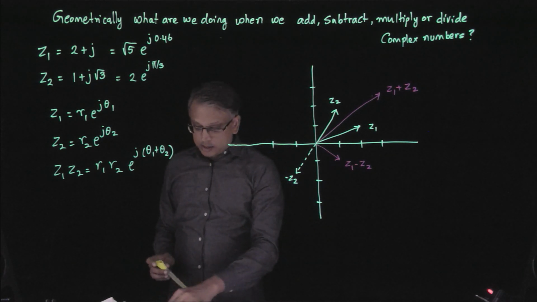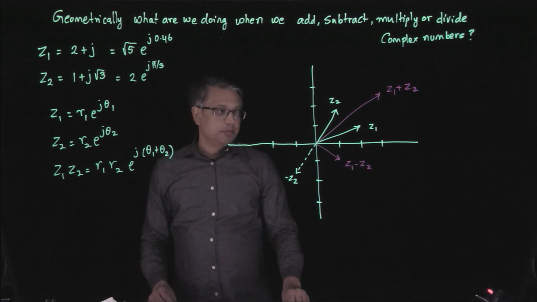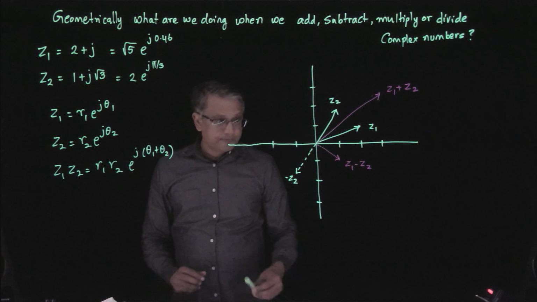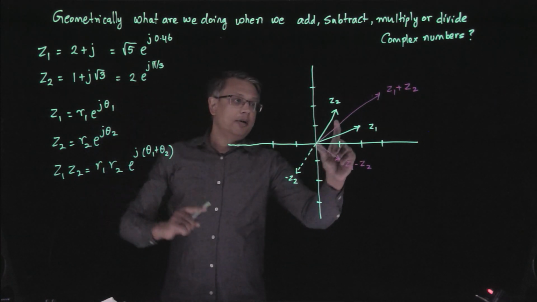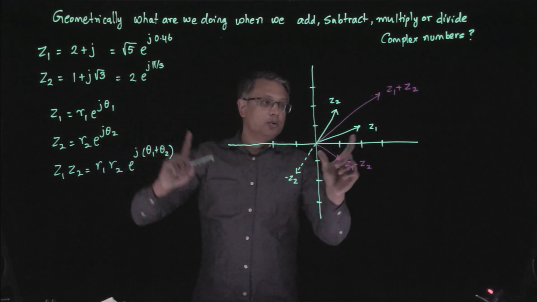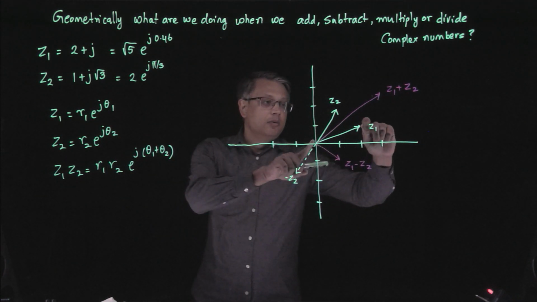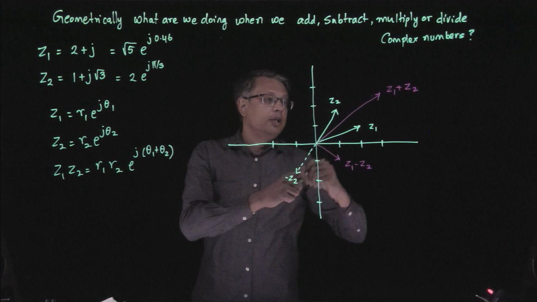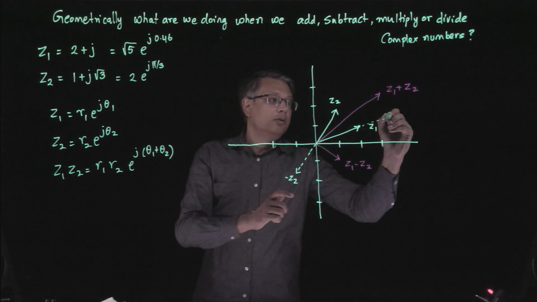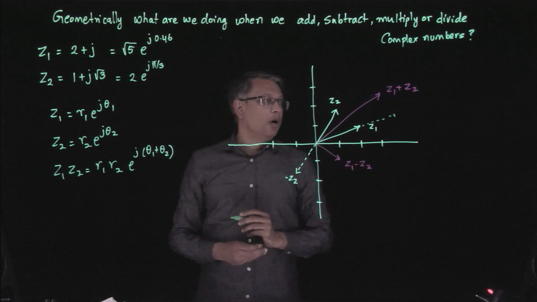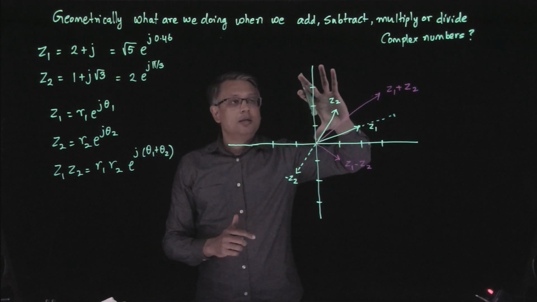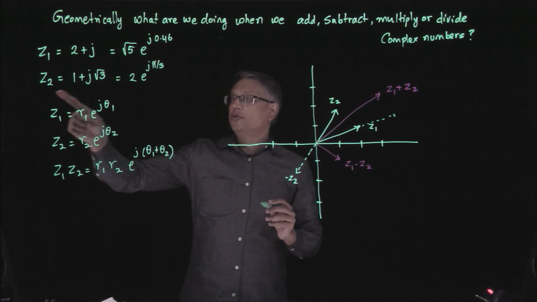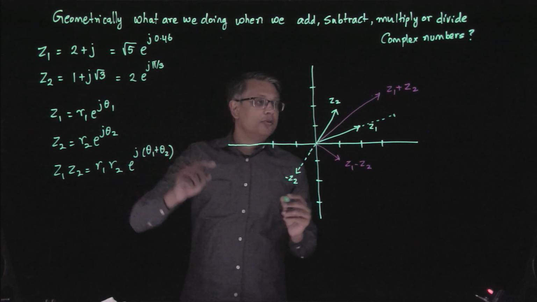So that's basically what's happening when you multiply z1 by z2. In this case, that would correspond to doing something like this. z1 has a magnitude of square root of 5, and z2 has a magnitude of 2. So we are going to take z1 and stretch it out by a factor of 2. So this is going to be 2 times z1. And now we are going to rotate it by 60 degrees, because the angle of z2 is 60 degrees, or pi over 3.